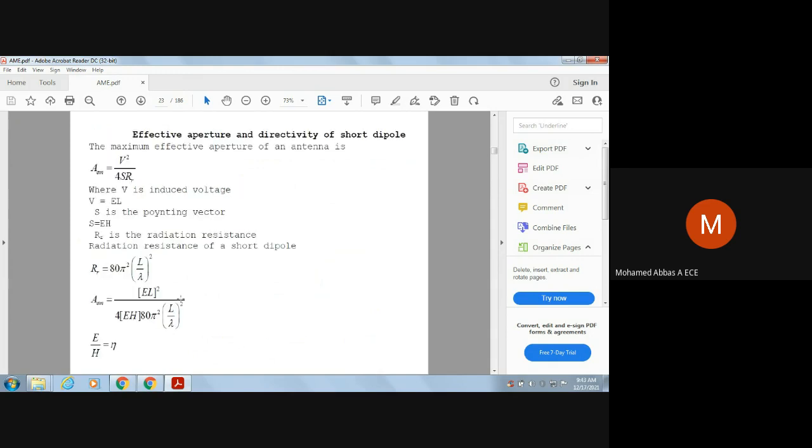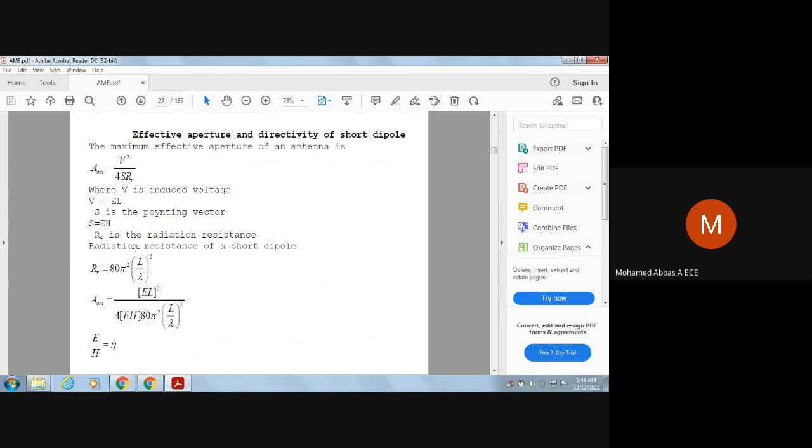Next, we are going to calculate the effective aperture and directivity of the short dipole. As you know, the formula for the maximum effective aperture is V squared by 4S into the radiation resistance R_r. Here V refers to the induced voltage. We can represent V as E into dl, and S refers to the Poynting vector, so S can be represented as E into H. Just now we calculated the radiation resistance, which is 80 pi square into (dl by lambda) the whole square.